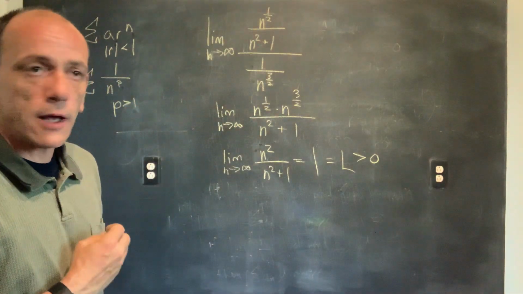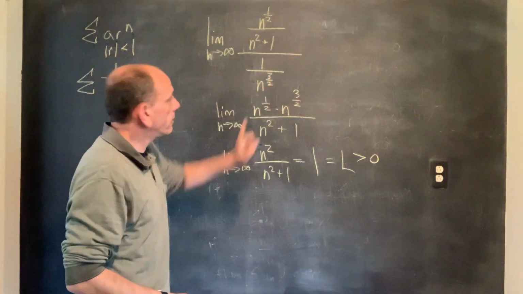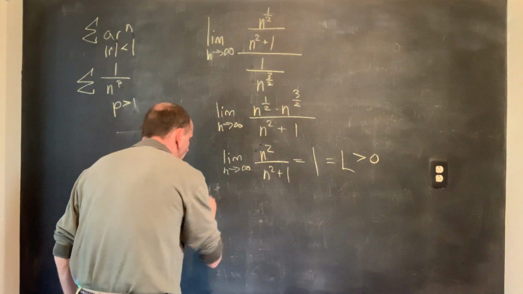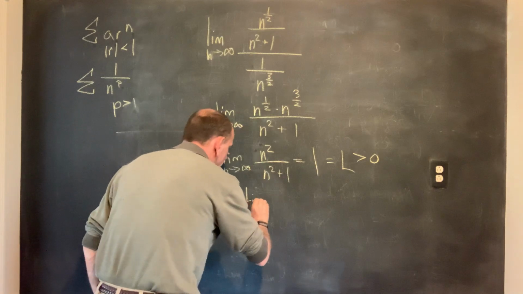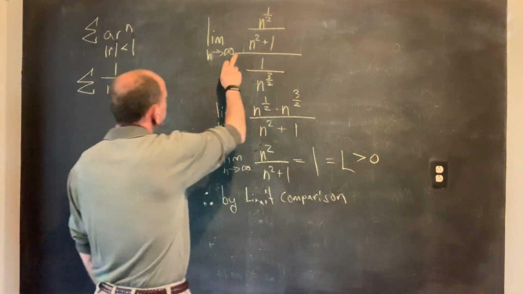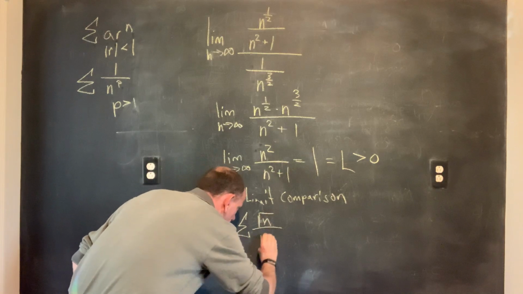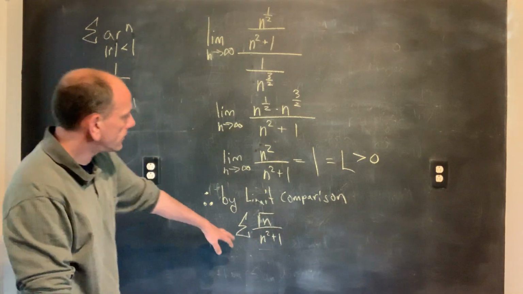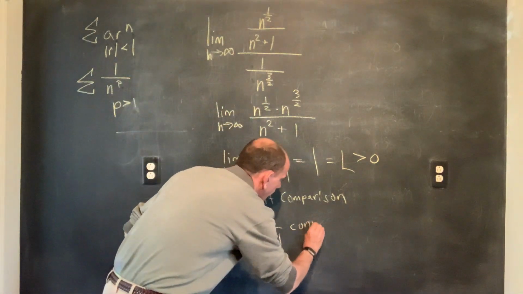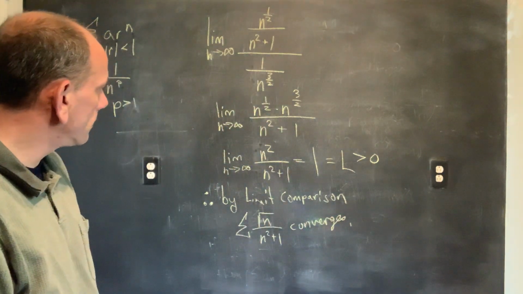That means that the two series have the same behavior. Well, I already knew that this is a convergent p-series. So, therefore, by limit comparison, this original series, the series root n over n squared plus 1, has the same behavior as a convergent p-series, so it converges. Okay.